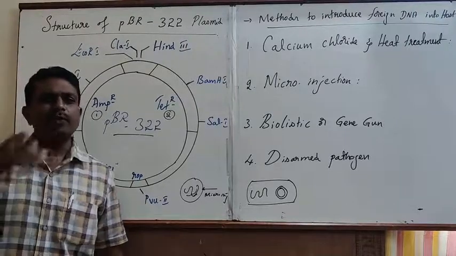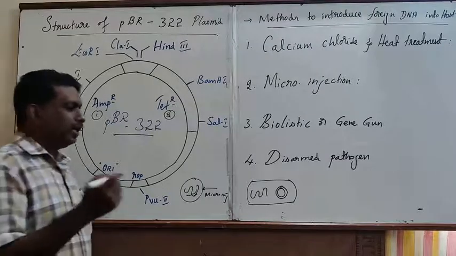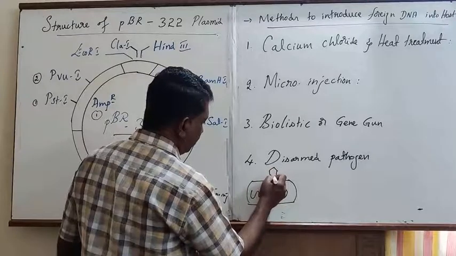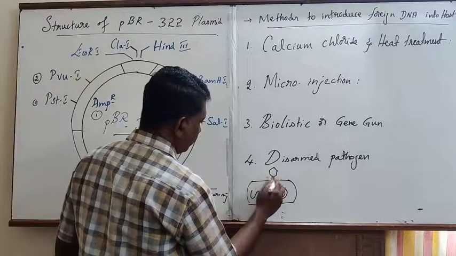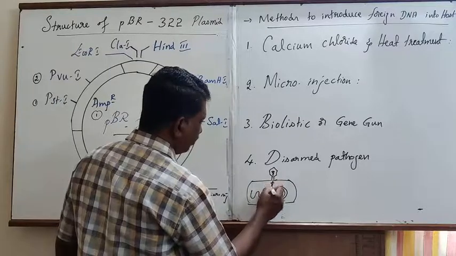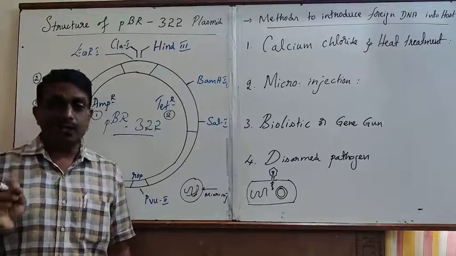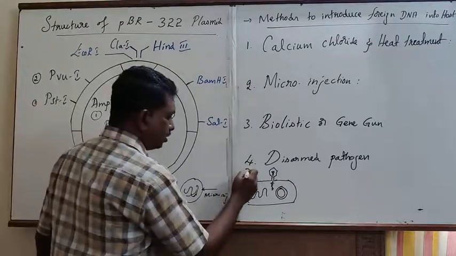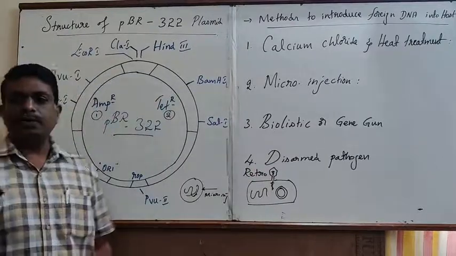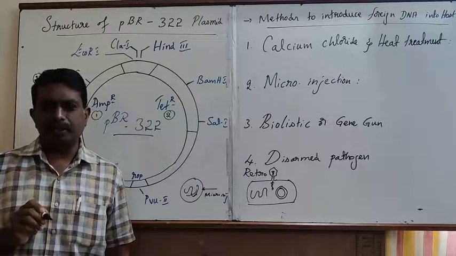As a result of infection, it effectively transfers recombinant DNA into the host cell. In this methodology, the disarmed retroviruses are widely used as a disarmed pathogen.